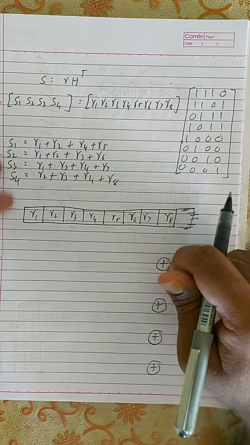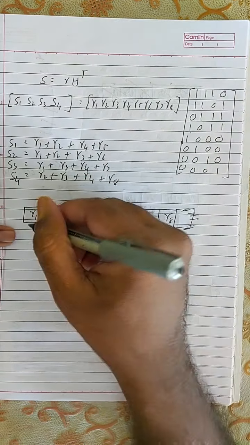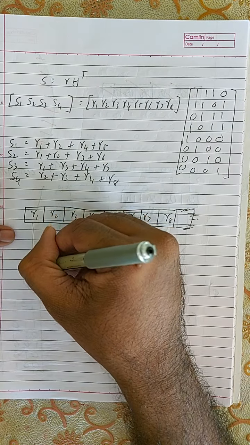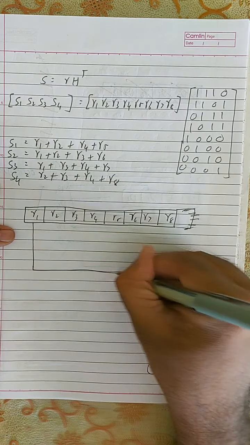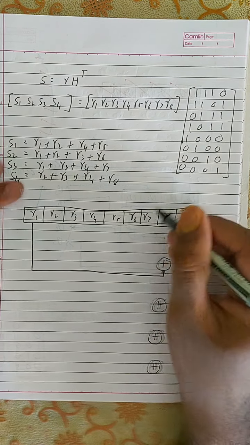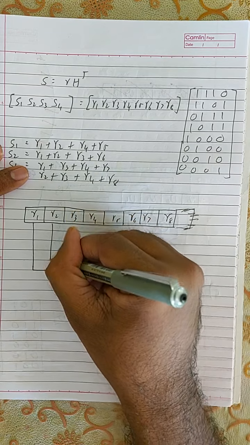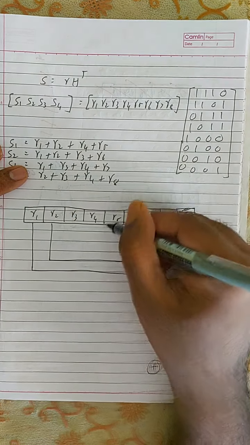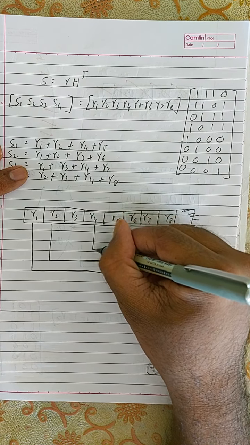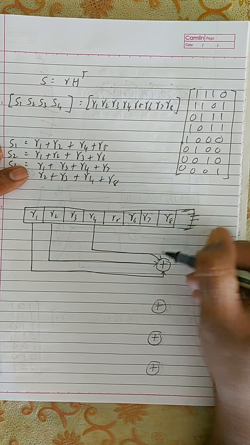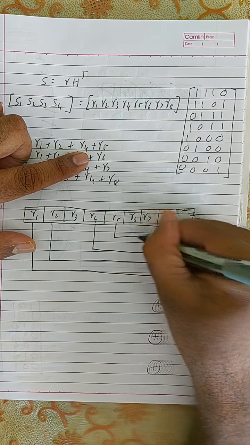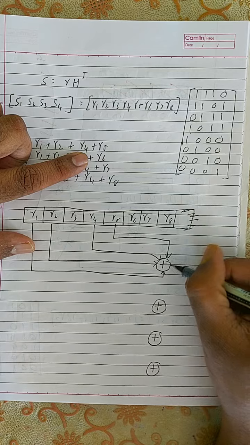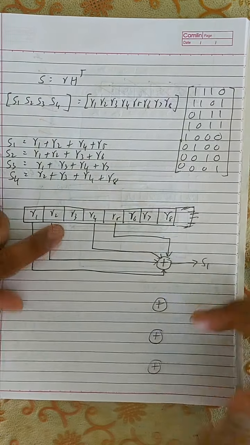So what is the equation of S1? It is R1, R2, R4 and R5. This is the equation for S1. What is the equation for S2?